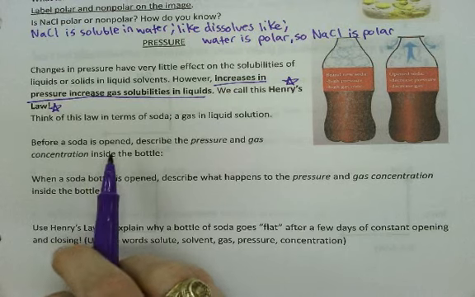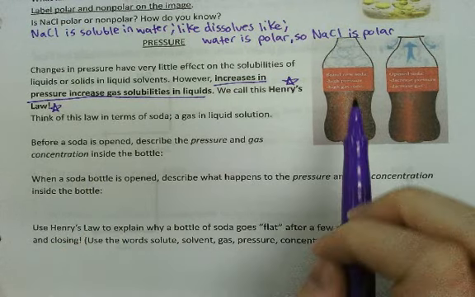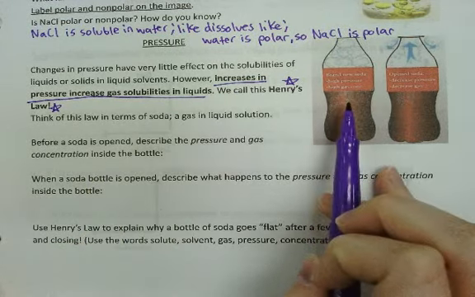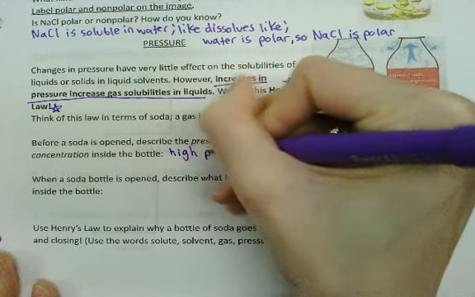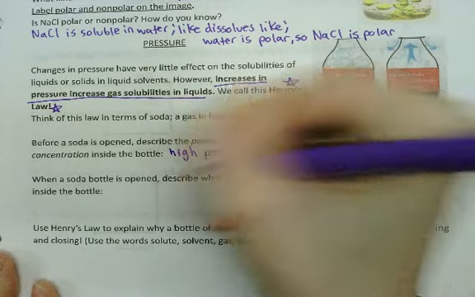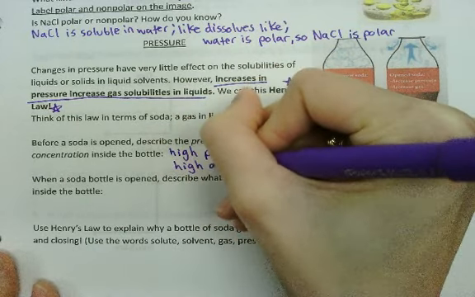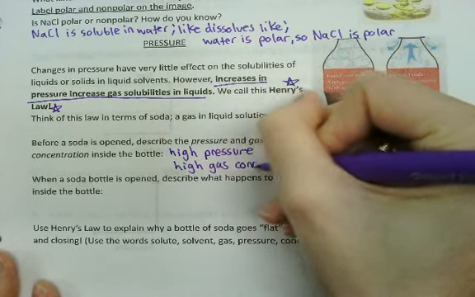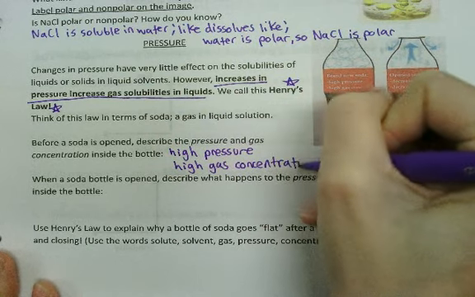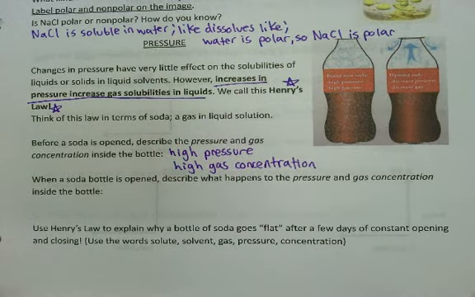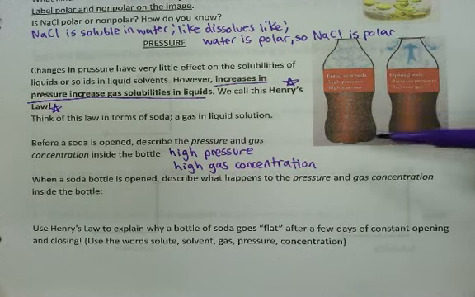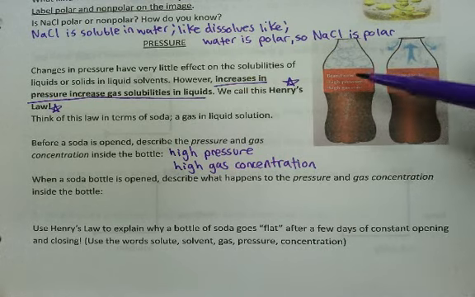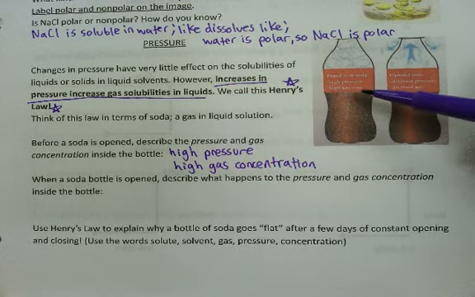Before we open a soda bottle, we have over here in this picture indicated high pressure and a high concentration of gas in that bottle of soda. So the soda is unopened, we have high pressure because that cap is on, and we have a very high concentration of gas in our soda.